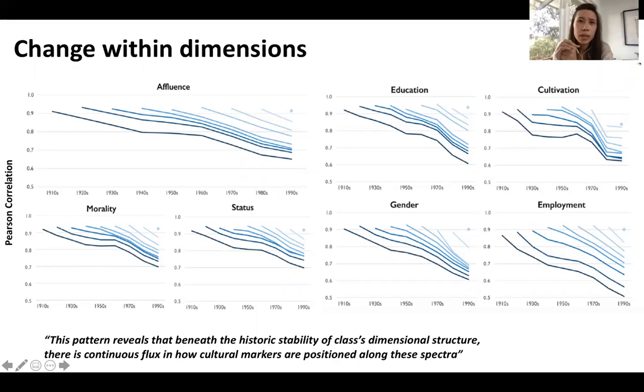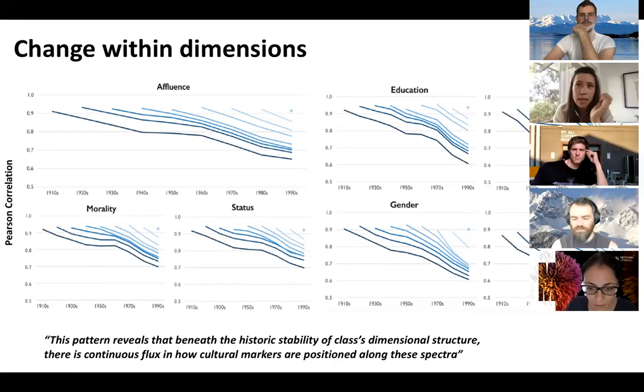So here, what the authors are looking at is how the correlation of a given dimension changes with itself over subsequent years.